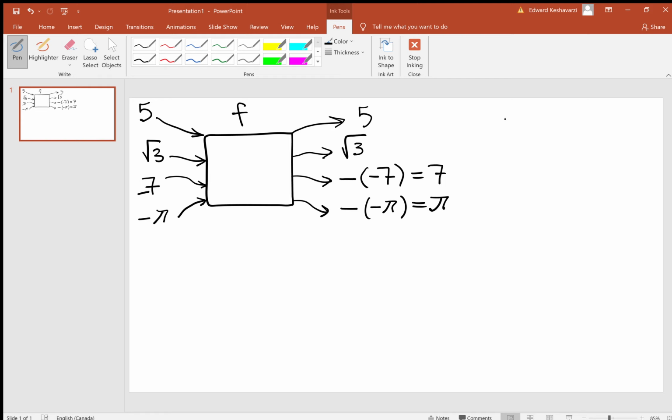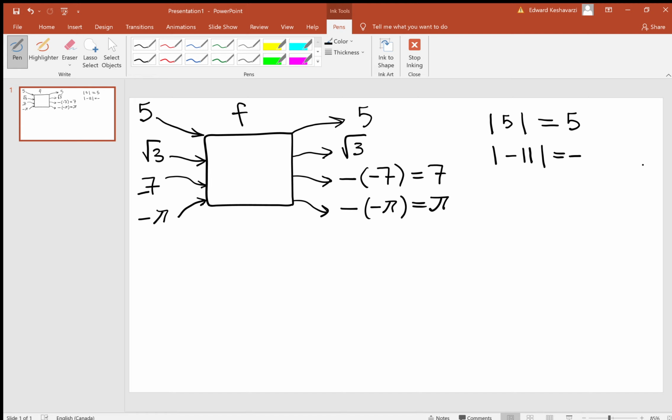The symbol for absolute value is two vertical lines. For example, absolute value of 5 is equal to 5. Why? Because 5 is positive and absolute value doesn't change it. What is absolute value of negative 11?